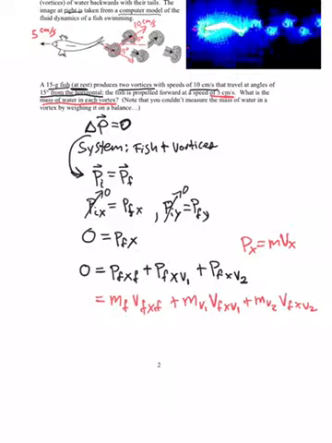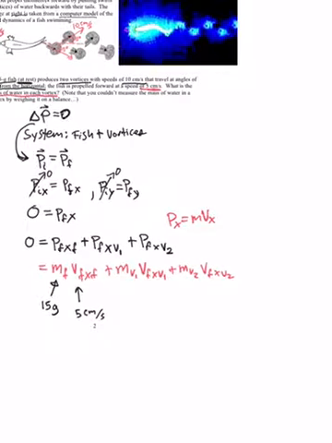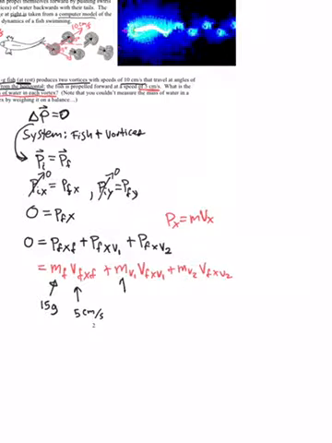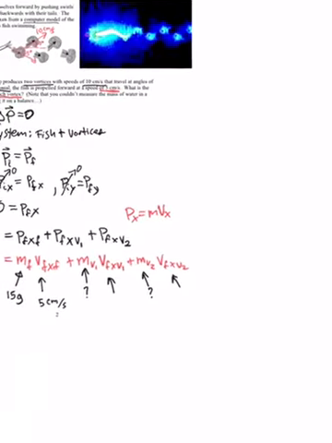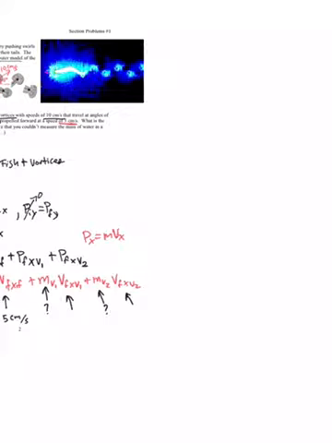We know the mass of the fish is 15 grams, and the velocity of the fish in the x direction is 5 centimeters per second. We don't know the mass of the vortices, but we do know the velocity in the x direction for each. So let's figure out exactly what the x component of those velocities is.